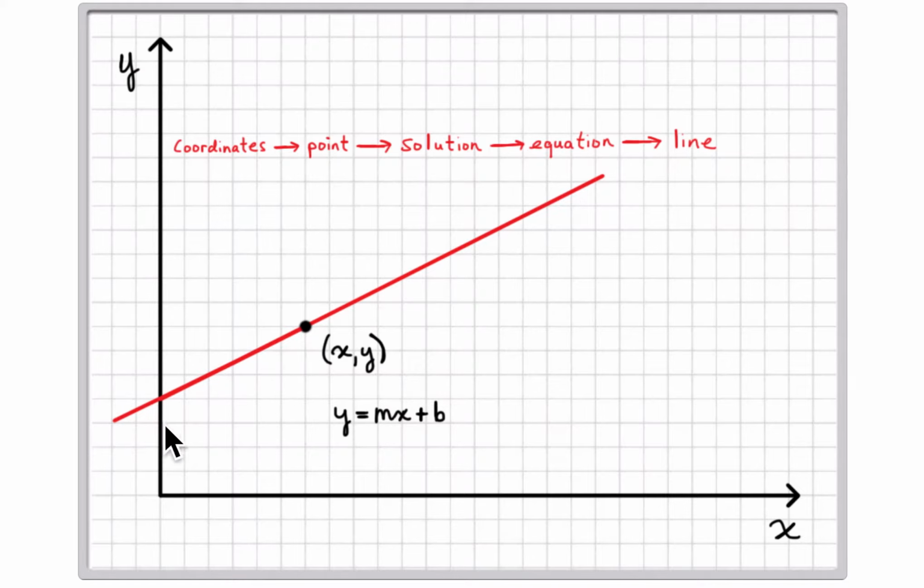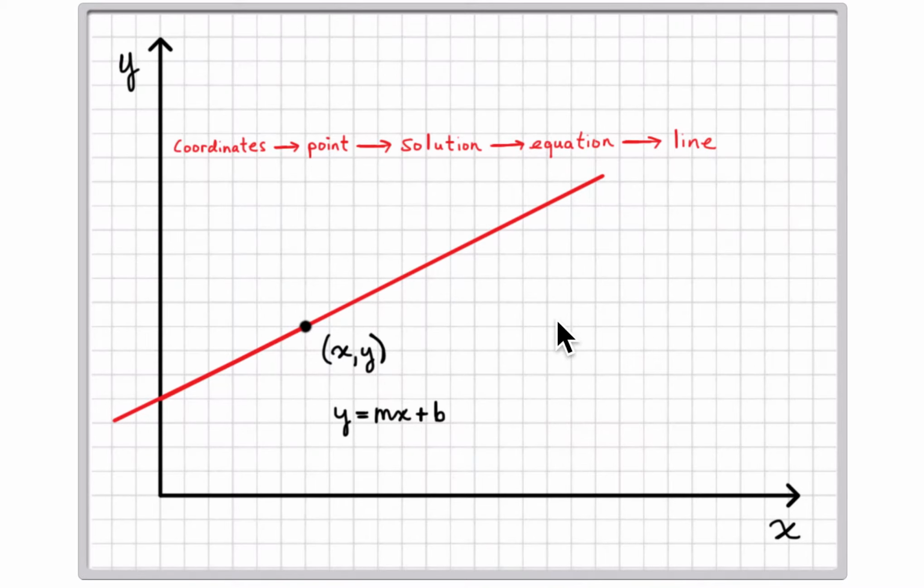And so here is the line defined by the equation. So you have a point that when the coordinates to that point are placed into the equation, it makes the equation true. That's called a solution to the equation, and that equation defines a line in the coordinate plane.